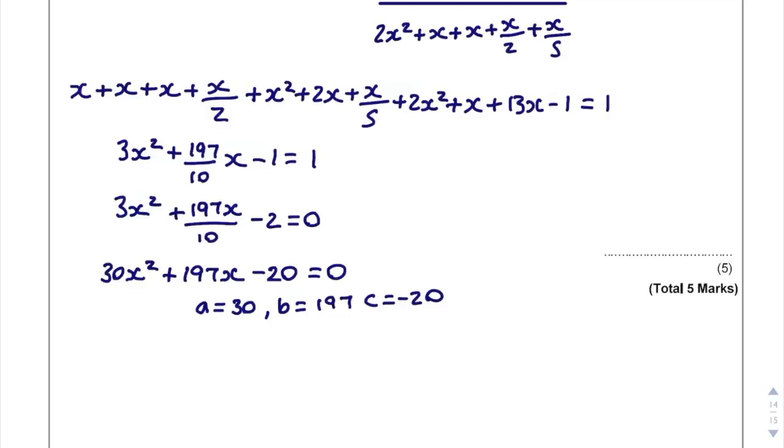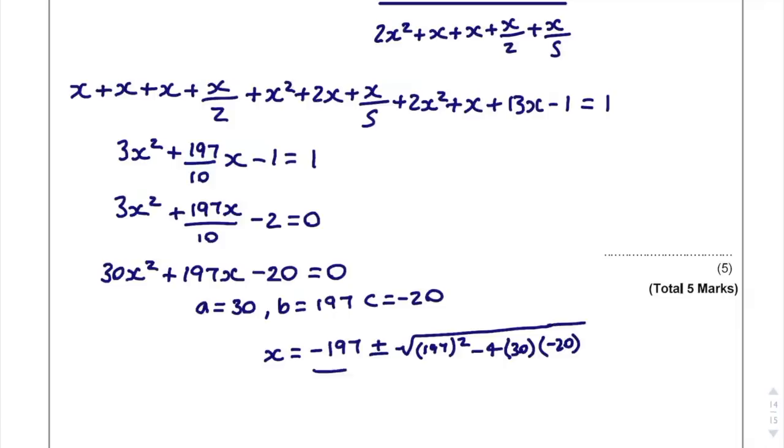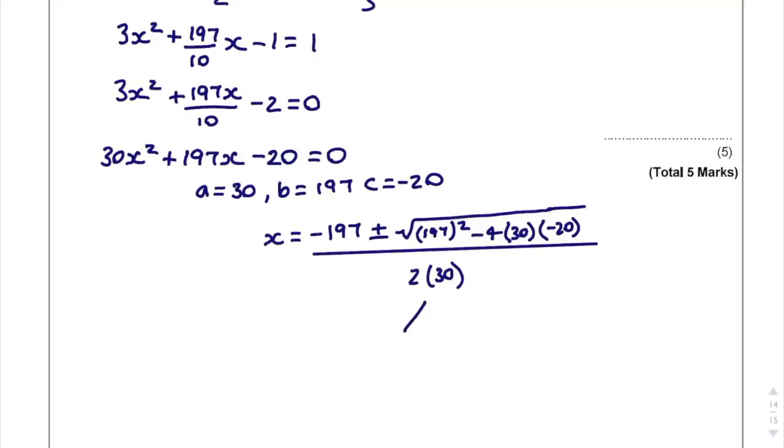So using the quadratic formula, x equals minus b, so minus 197, plus or minus the square root of b squared, so that's 197 squared, minus 4 times a, which is 30, times c, which is minus 20, and that's all divided by 2a, which is 2 times 30. So I'm going to have two values of x here.